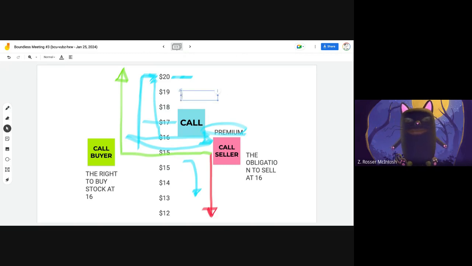That's an important term. ITM, or in the money. That means that the price of the underlying asset is now higher than the strike price of the call, or lower than the strike price of a put.